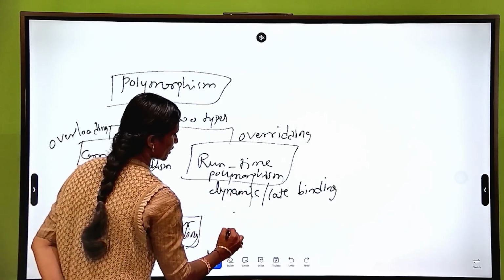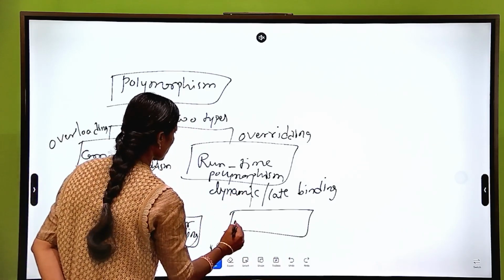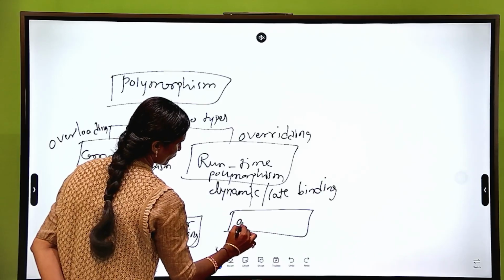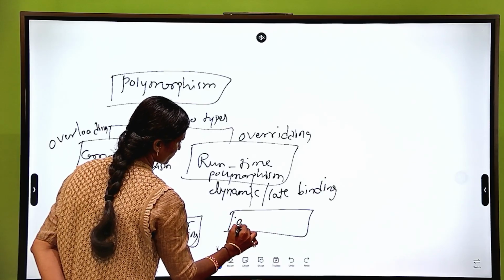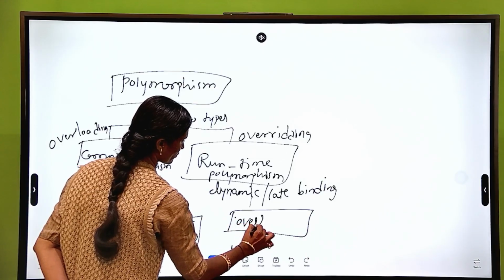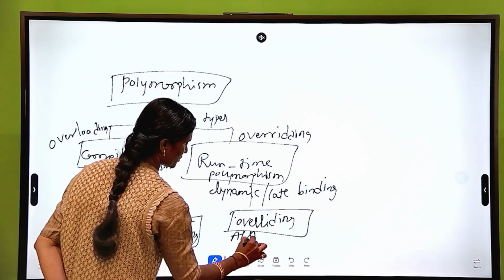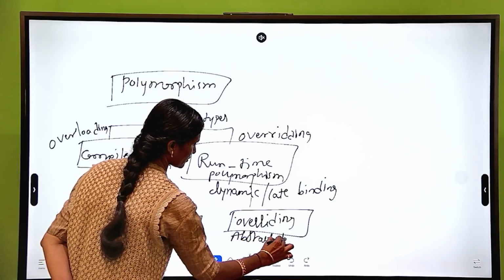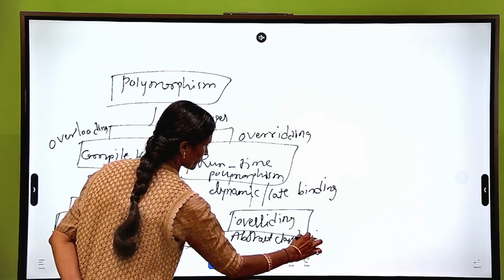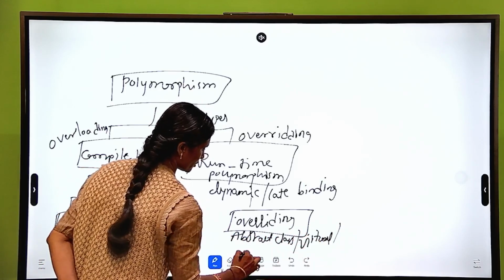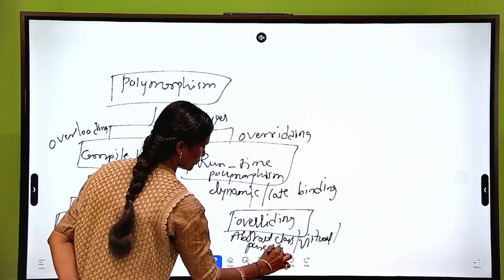Runtime polymorphism is achieved by overriding, that is, using an abstract class or a virtual function or pure virtual function.